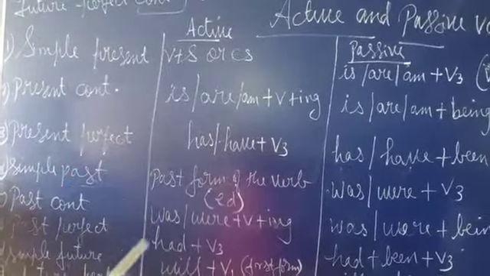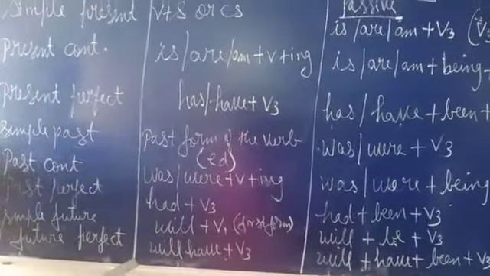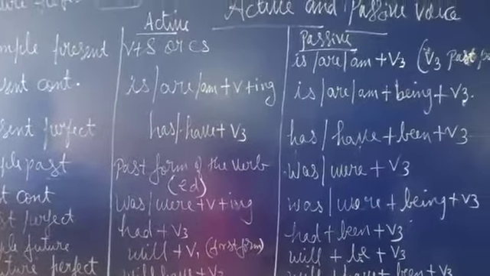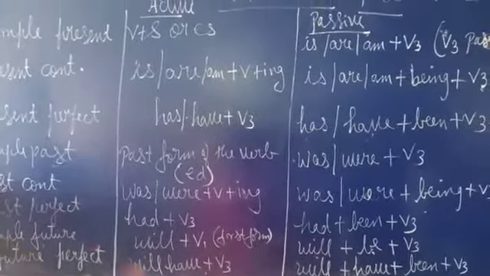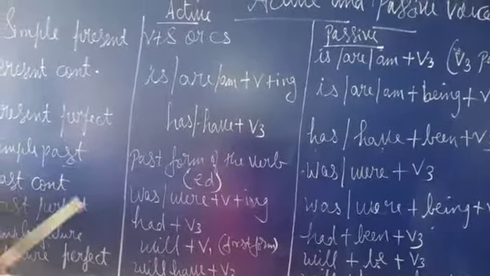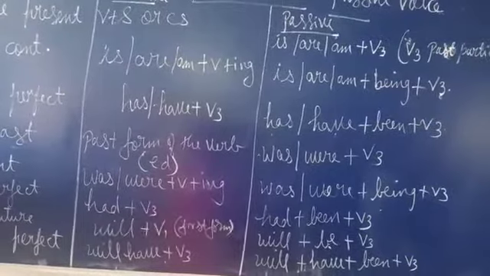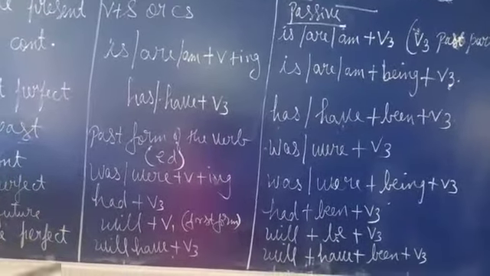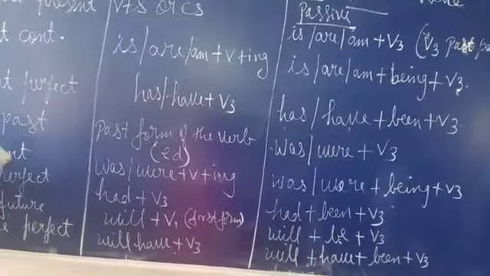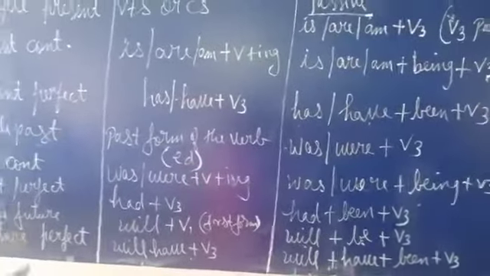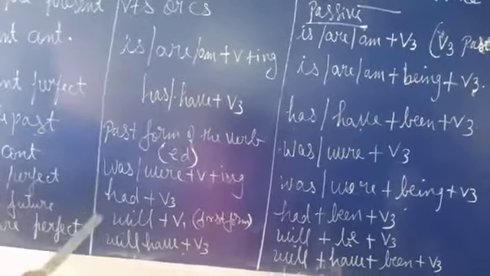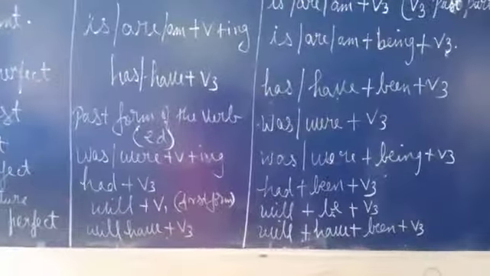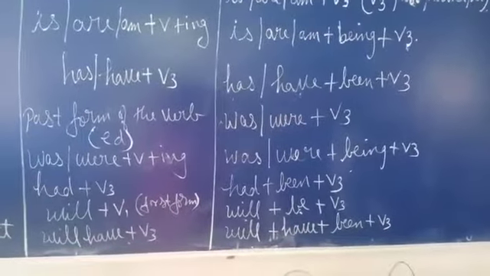So this active voice, these are the rules which you learnt last year, in the tenses rules, which we asked you to learn and write many times. So you should remember all these rules.